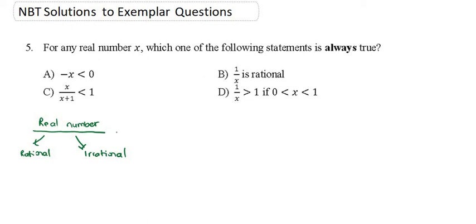Well, any value which can be written as p over q, where q cannot equal 0. What happens if you have a 0 as a denominator? It is undefined. So a rational number is an integer over an integer, where the bottom number cannot be 0.